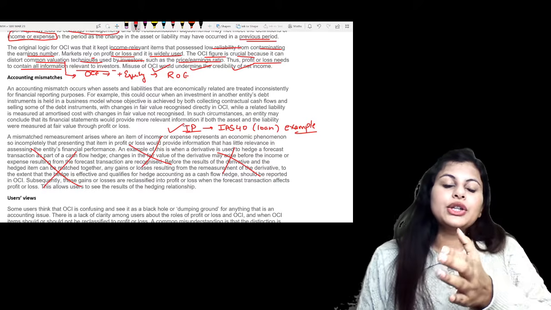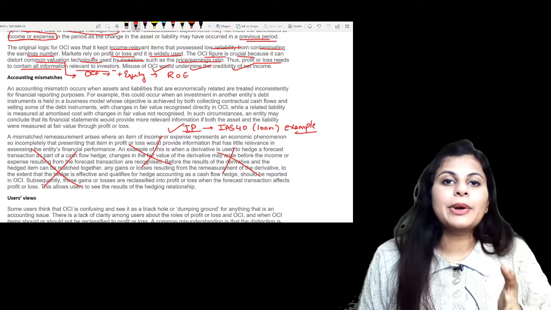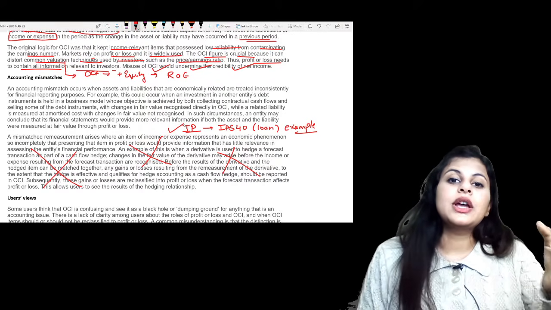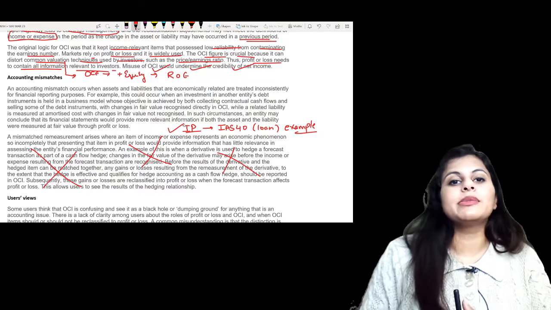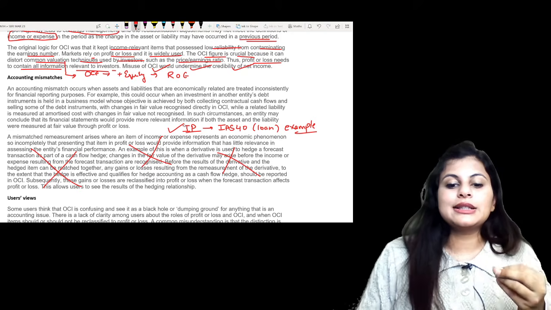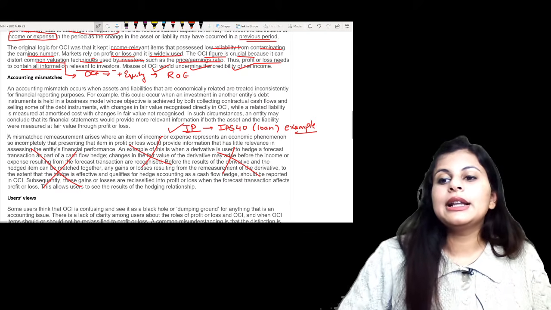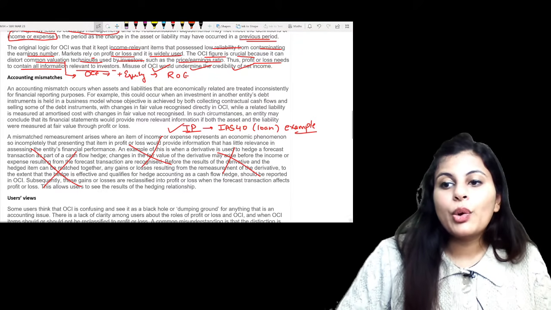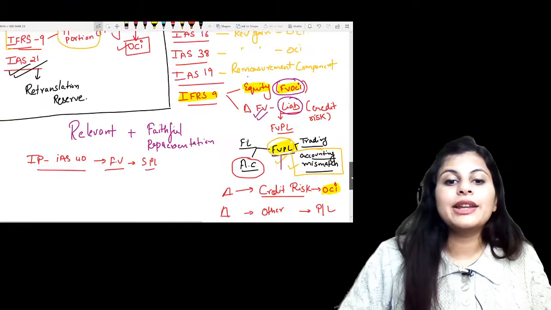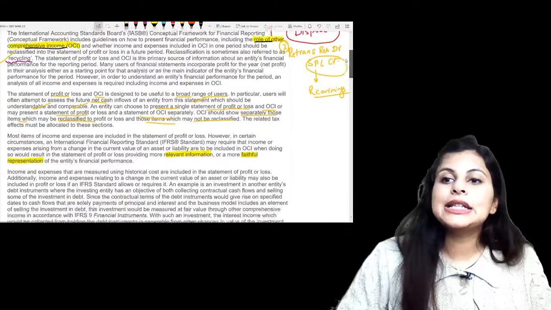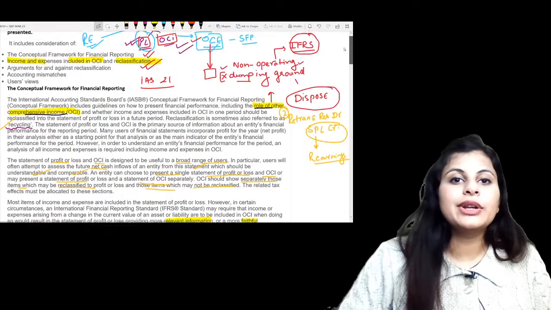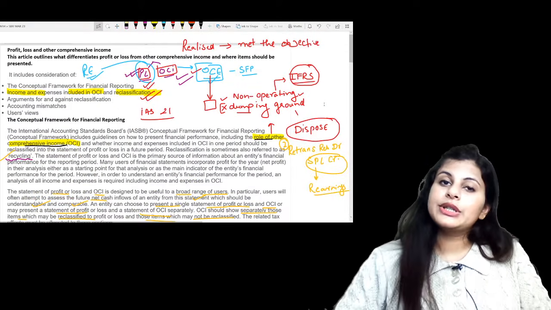That when you take a loan against investment property, then the loan is kept at amortized cost, but the investment property is kept at fair value through P&L. So that is an accounting mismatch. So this is it about this technical article. I hope you understood it. It's a very, very important technical article. I'm going to share this file with you in the description box. Make sure you read this once. As I told you, it's important.